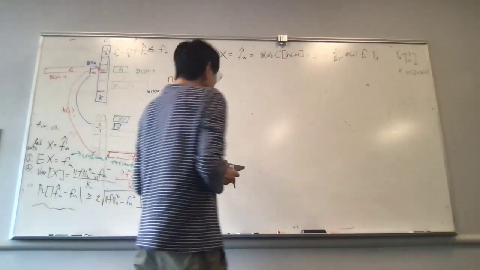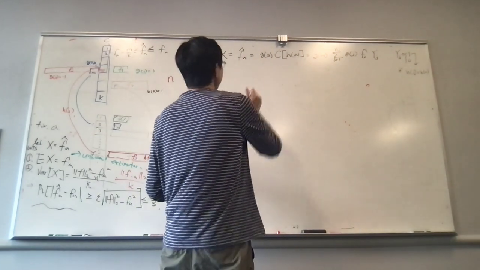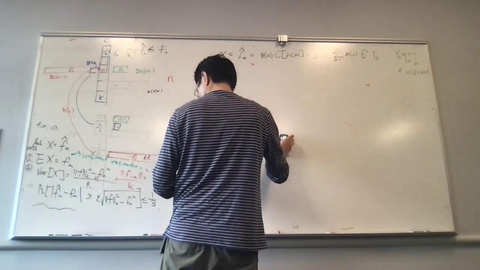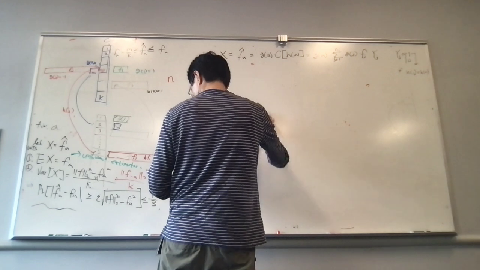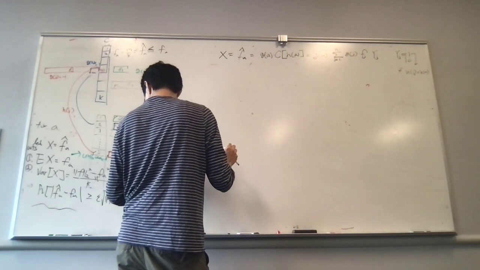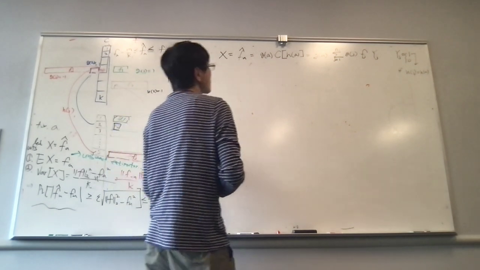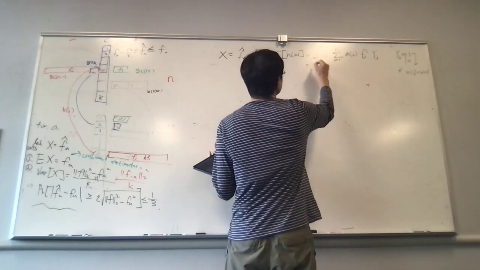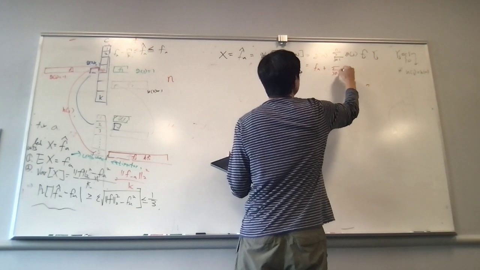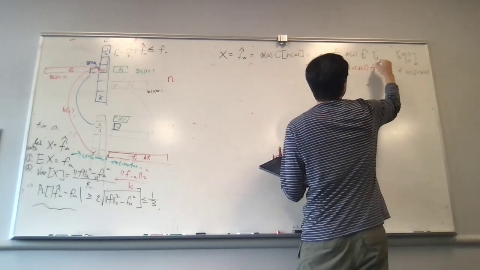This is a bit of a pain, but anyway, we argued that this is, if I write this here, FA plus the sum over J not equal to A of GA, GJ, FJ, YJ.